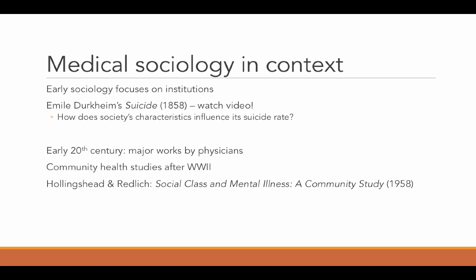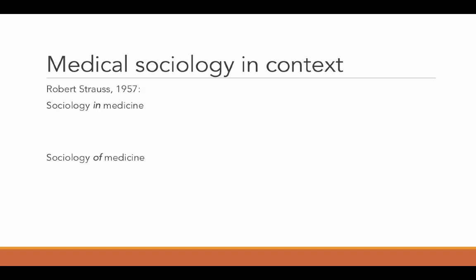And so in 1957, you have a sociologist named Robert Strauss who wrote an article describing this new field called medical sociology. And so he saw this field split into two camps.